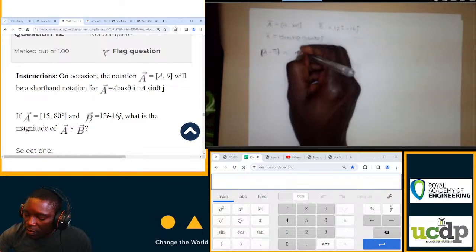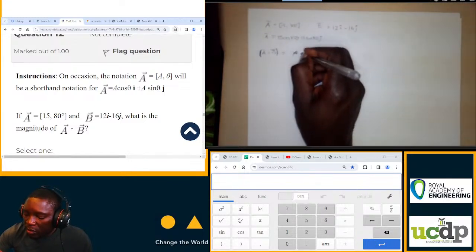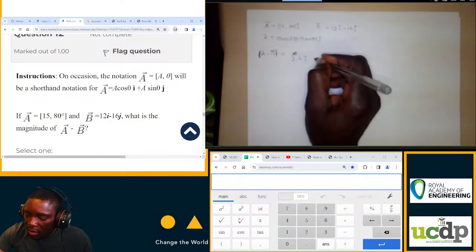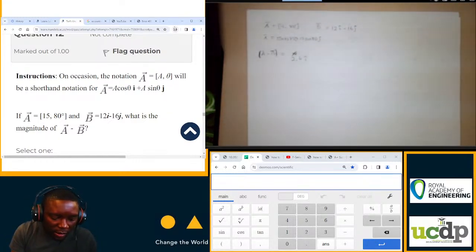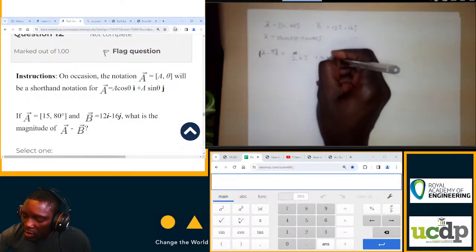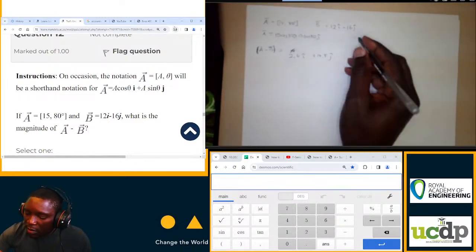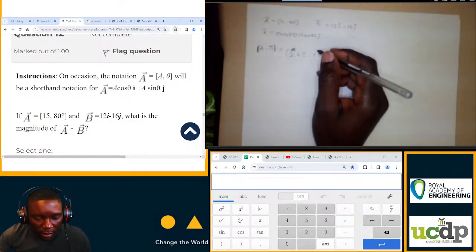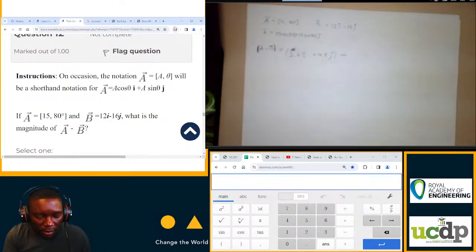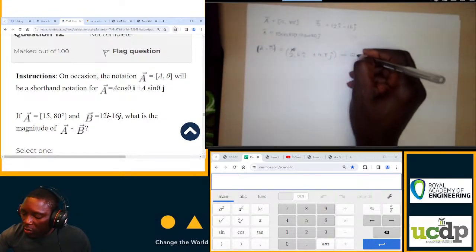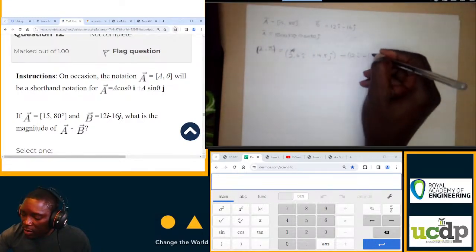2.604. So we use 2.6 in the i, plus 15 sin 80, 14.8j, then minus B. B is 12i minus 16j.